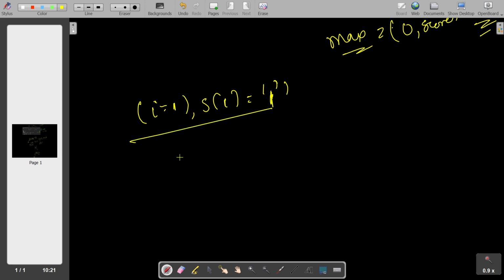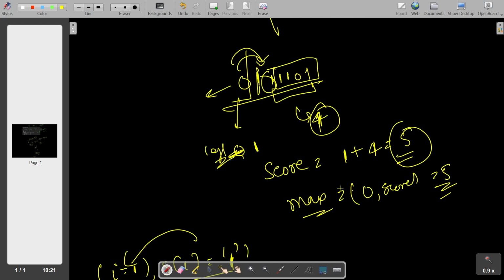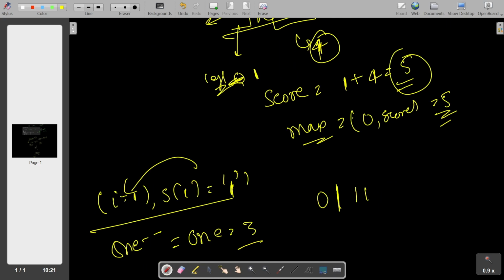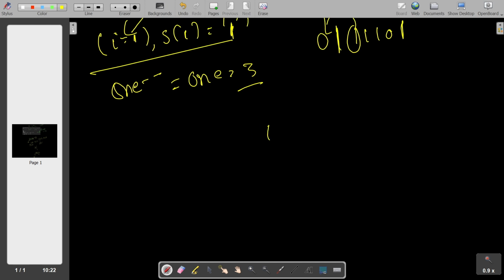So our operation is ones minus minus, moving that one from the right to the left. The one count is now 3, so only 3 ones remain on the right. The left string is 0 1 and the right is 1 1 0 1.